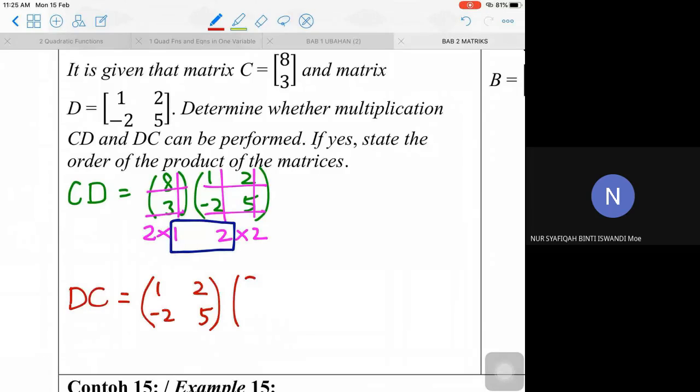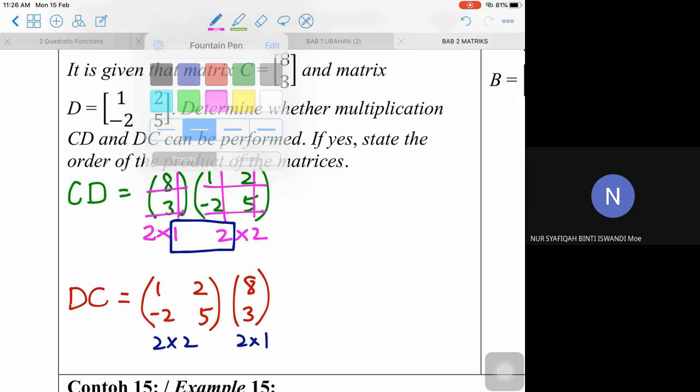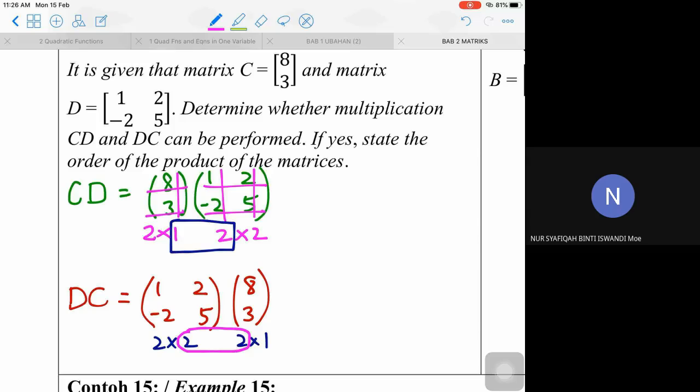Now we state the order of each matrix. This is 2 times 2. This is 2 times 1. And then we look here, this is 2, 2, same, right? So it means that these two matrices, D times C, can be done, boleh dibuat.